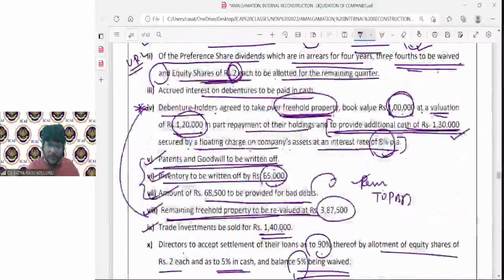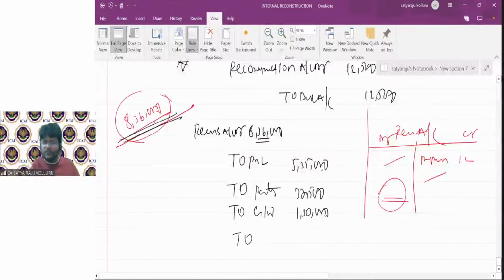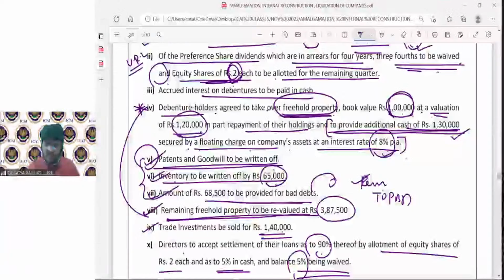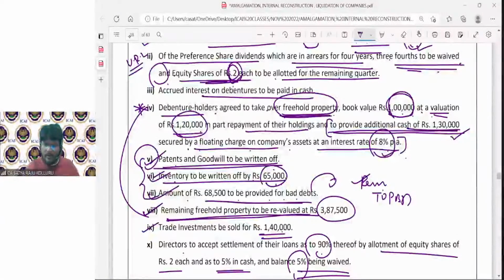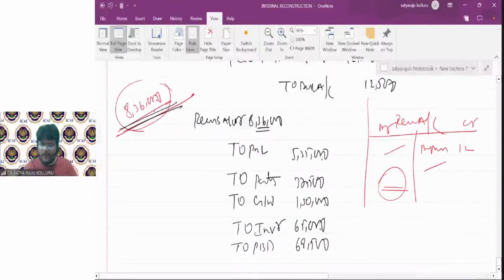Inventory to be written off by 65,000. Inventory should be decreased, means it should be credited. Amount was also given, 65,000. Next, for PBD, reconstruction to PBD, we already told you amount of rupees 68,500 to be provided for bad debts. That is to PBD 68,500. All considered, right?